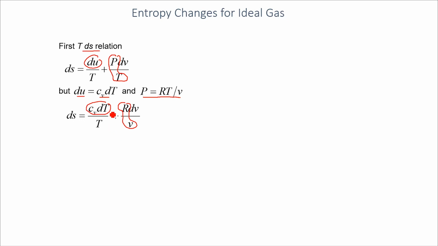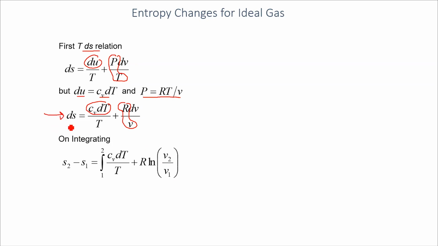Now, if you want to integrate, you would have the integral from 1 to 2 of Cv dT over T plus R dV over V, which would give you ln V2 over V1. This is the integration for this expression.